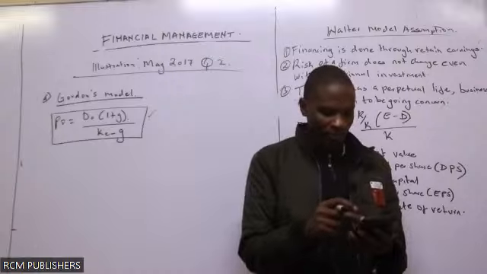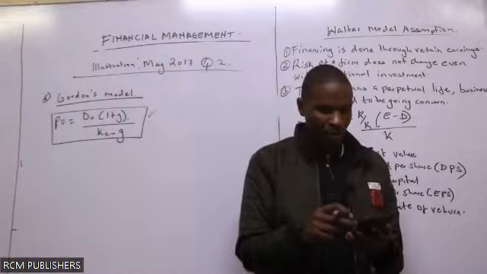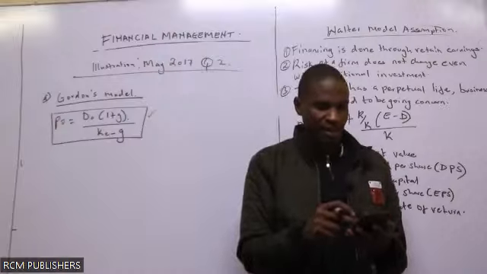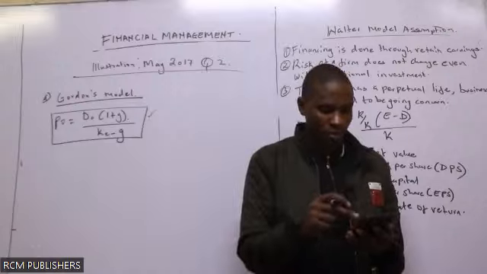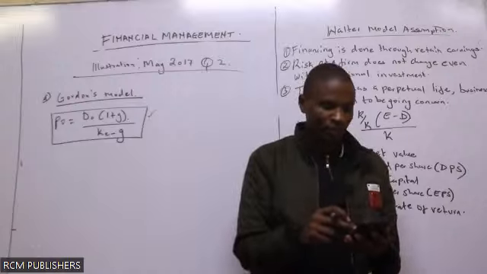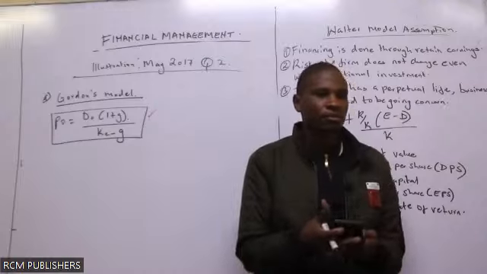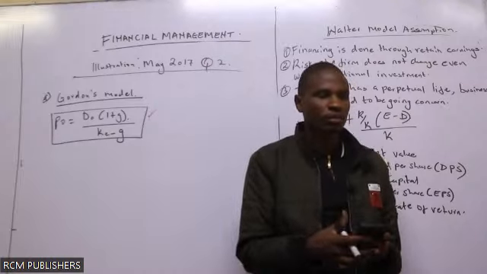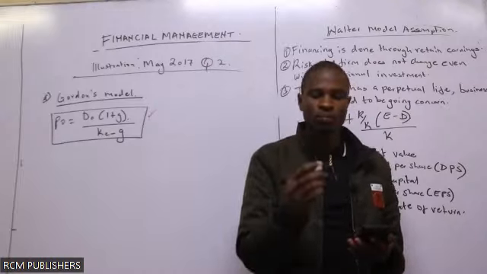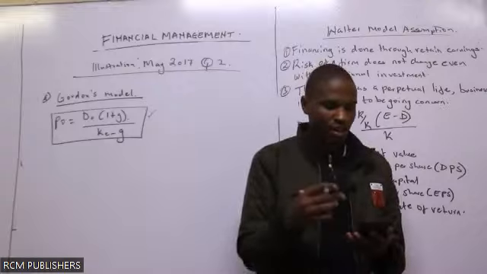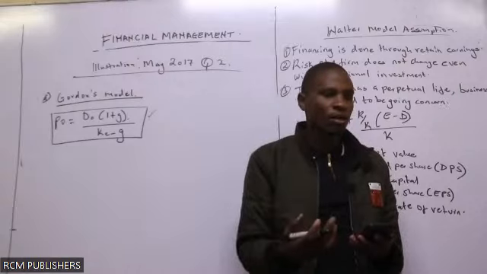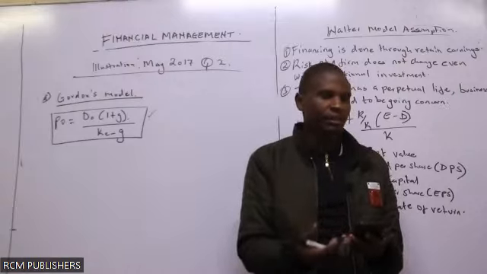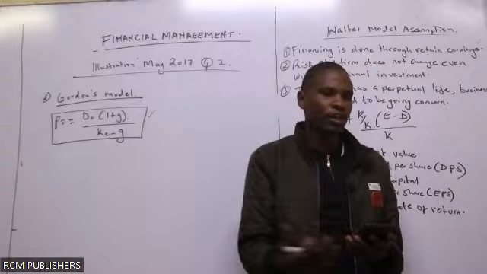If I have this, can I be able to get my dividends, my D0? I'm given EPS, and I know that D0 is equal to EPS times the payout ratio.